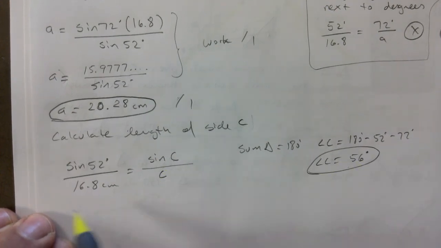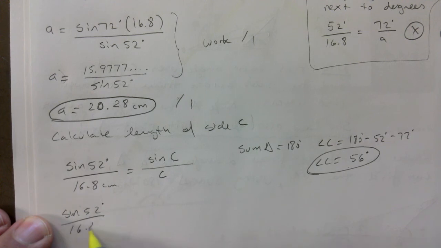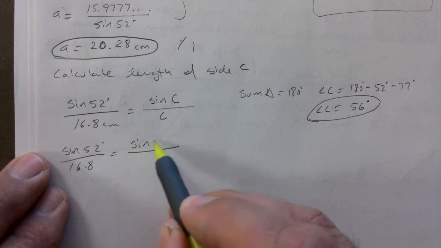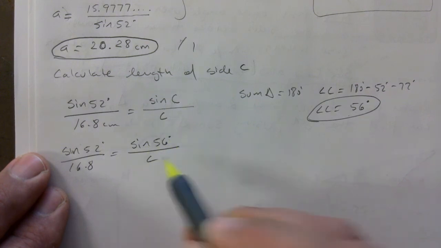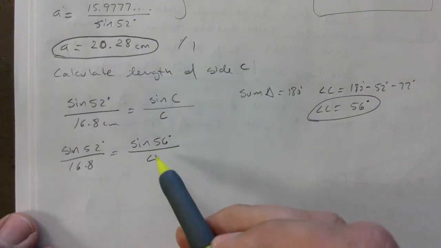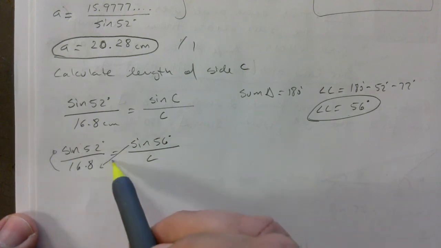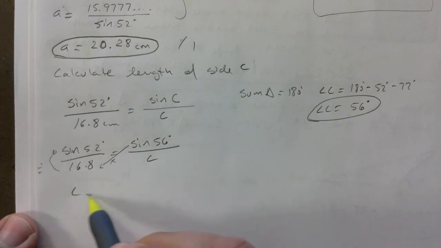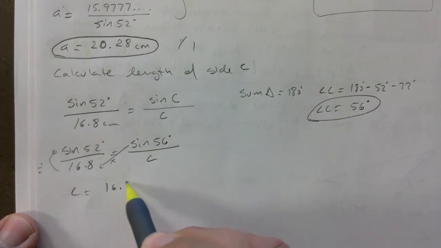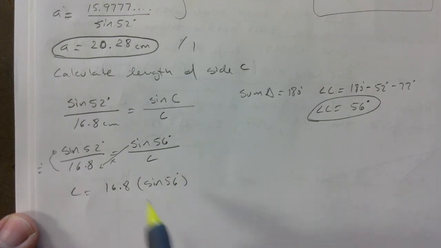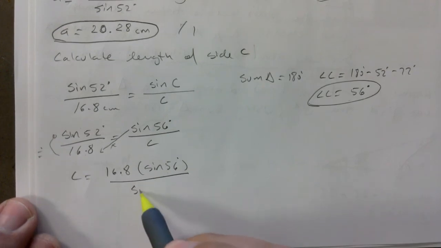Now I'm going to bring that back in here. So sine of 52 over 16.8. I can drop the centimeters, that's fine. I'm going to go sine of 56 over C. Now I have everything I need. So cross multiply and divide. C is equal to, I tend to put my number in front of the sine and then divide it by sine of 52.